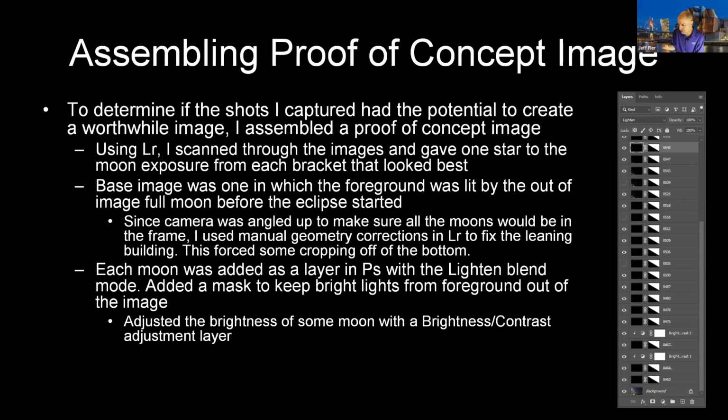And any pixels that are darker, it'll just let the lower layers shine through. Well, that's perfect for doing moon pictures like this because each of those moon pictures is basically a bright white moon on a black background, black sky. And so the sky just goes away and lets whatever sky you had from the foreground image shine through.